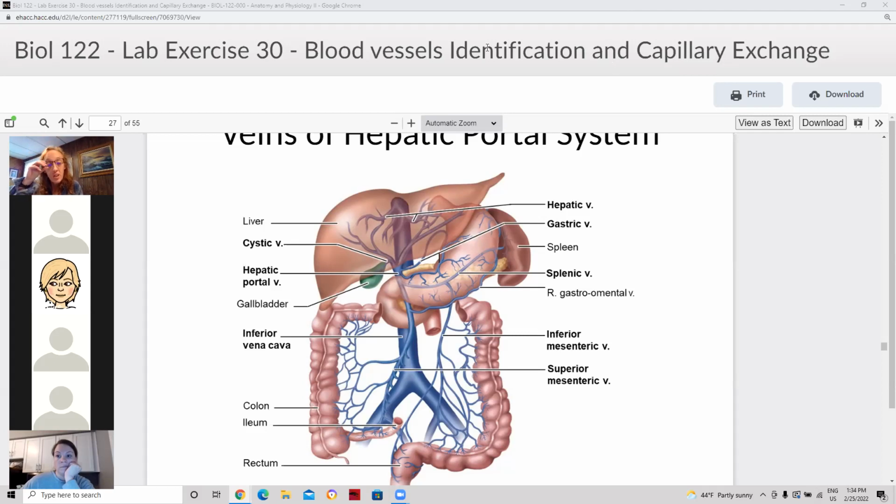So looking at the veins that specifically are part of the hepatic portal.